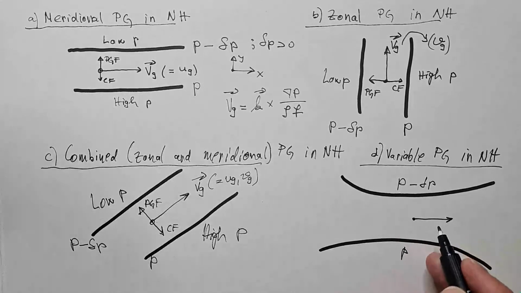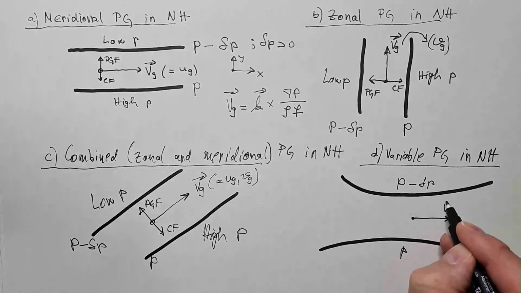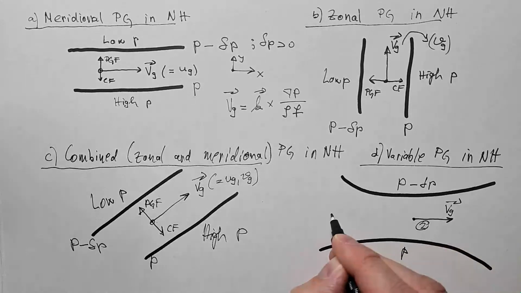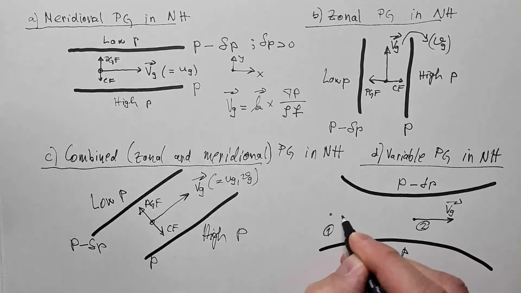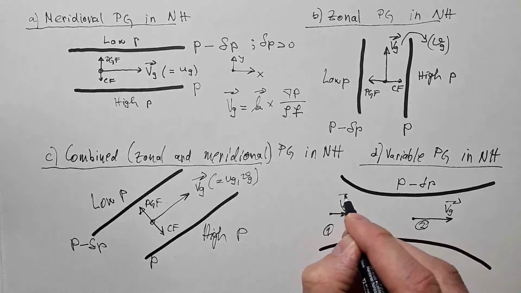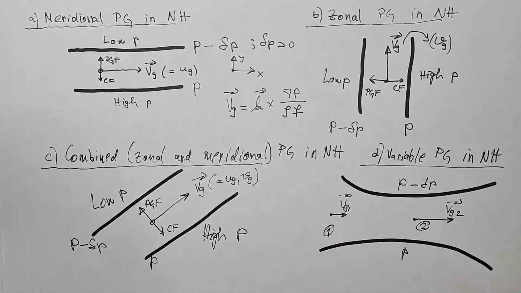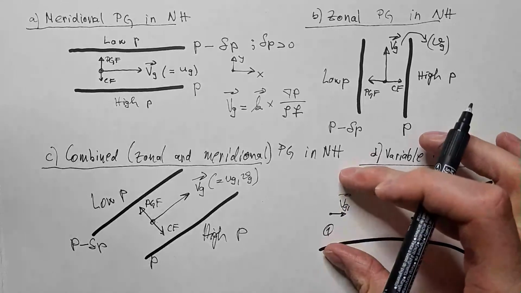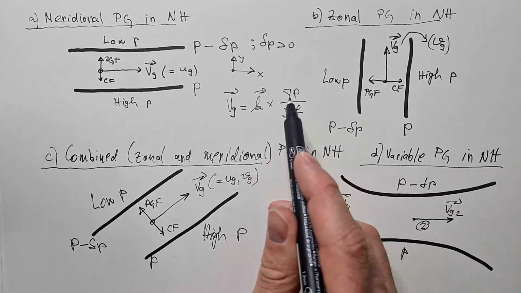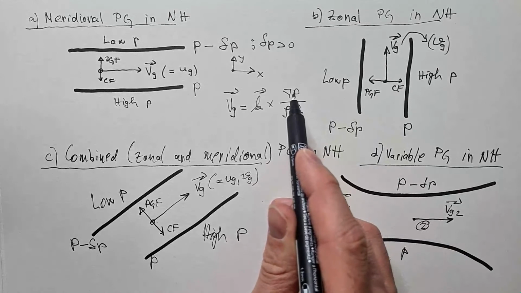If this is the magnitude of the geostrophic wind here at location 2, then here, at location 1, the geostrophic wind would be weaker than here, because the gradient here is weaker than the gradient here, and geostrophic wind is proportional to pressure gradients.